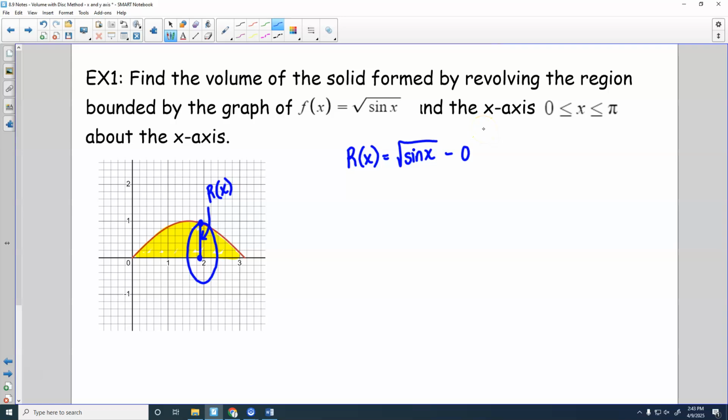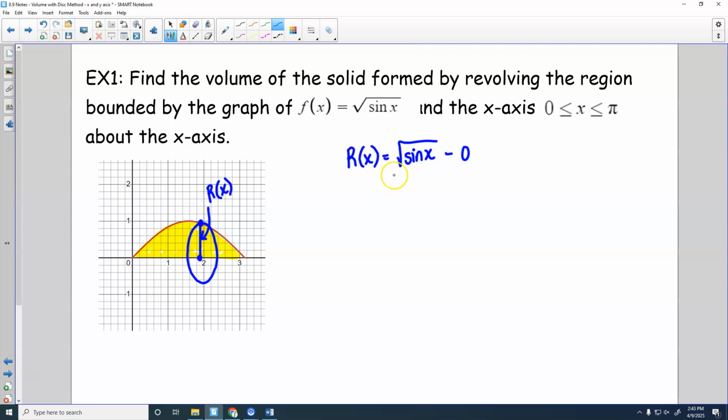Pretty much everything we're going to do today is going to be a 0 because we're only going to rotate around the x-axis, but coming up we will do somewhere we have a different value right there. So that radius ends up just being the square root of sine x.